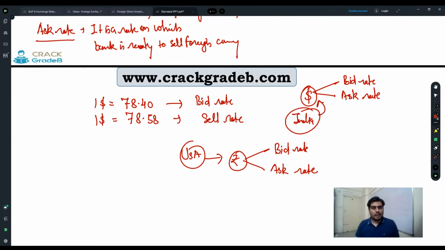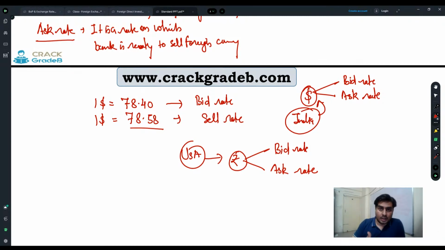So definitely, if I am a broker and I want to sell that currency and make profits, and I am going to purchase that currency at a certain price, definitely I am not going to offer the same price.